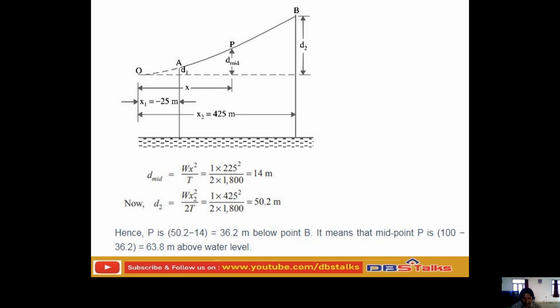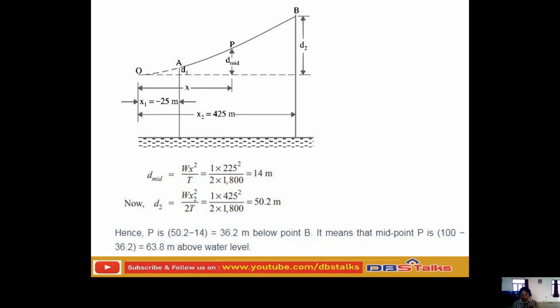So hence P is 52.2 minus 14, that is 36.2 meters below the point B. Look at the figure. So we have taken P as the point. From that, midpoint P is 100 minus 36.2, that is equal to 63.8 meters above the water level.